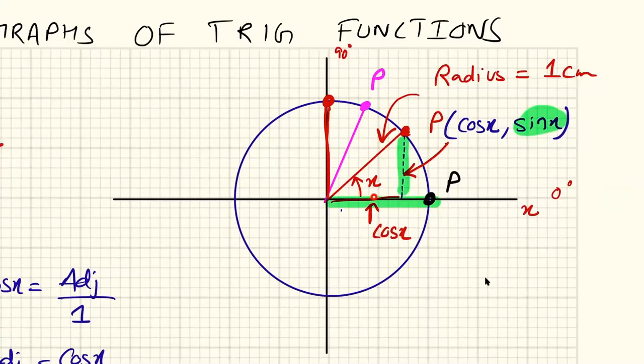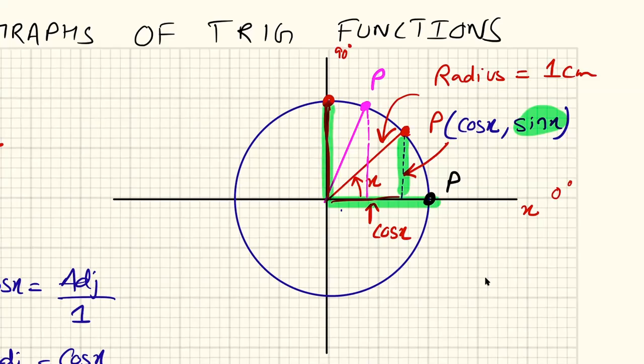So the point I'm trying to make is, if this was a horizontal length, then the length was 1 centimeter. Now if point P were here between 0 and 90 degrees, then the value of sin x is this vertical height. Similarly, if point P were here, this would have been the vertical height, the value of sin x. But if P moves from here to here, then this is the vertical height.